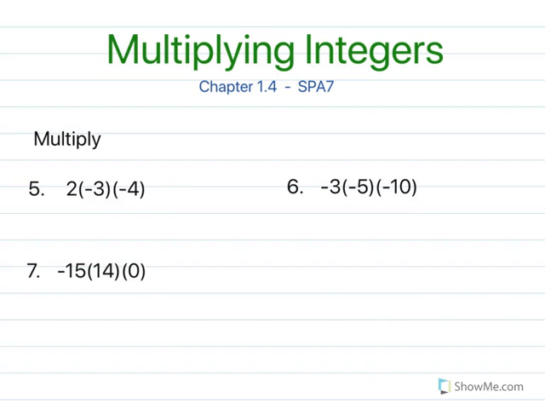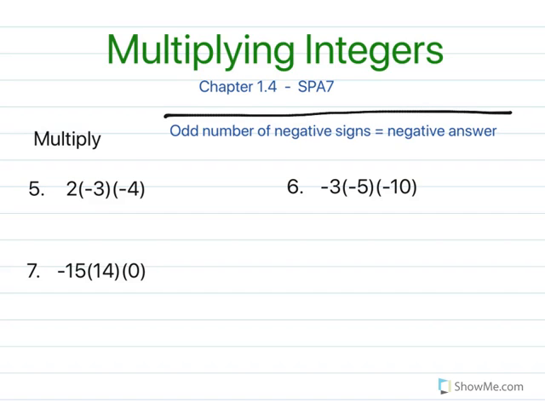All right, so here's another rule I'm going to give you. If you have an odd number of negative signs, the answer is always negative. So let me write this down. An odd number of negative signs equals a negative answer. Now all we have to do is multiply all 3 numbers.